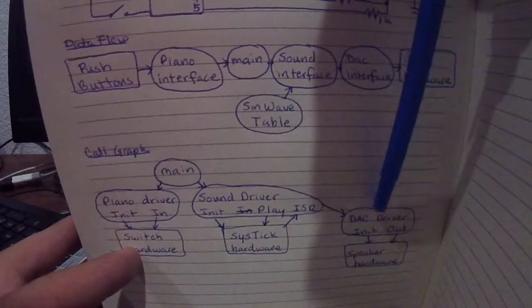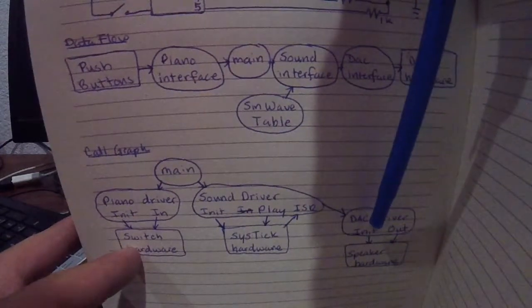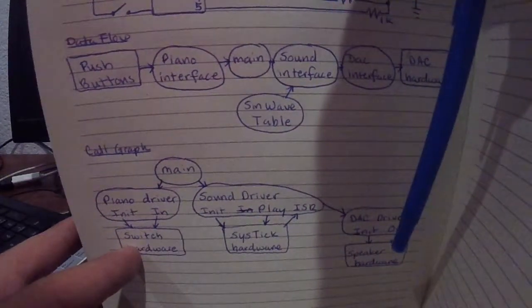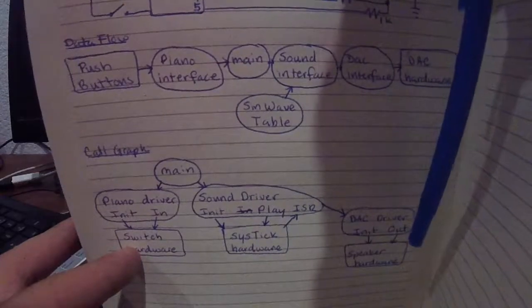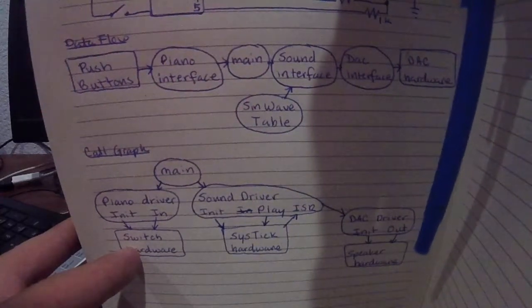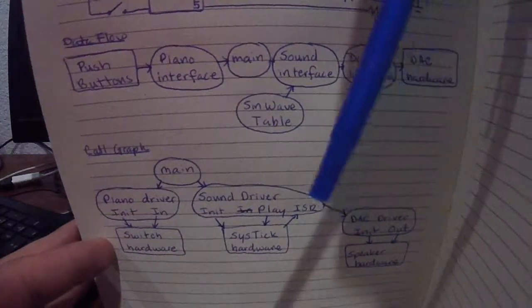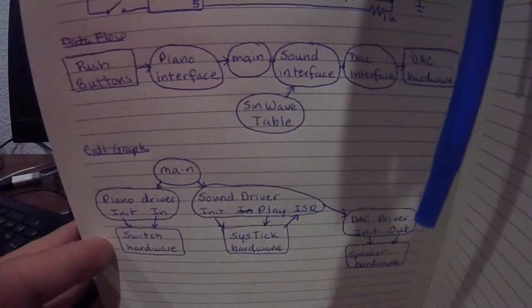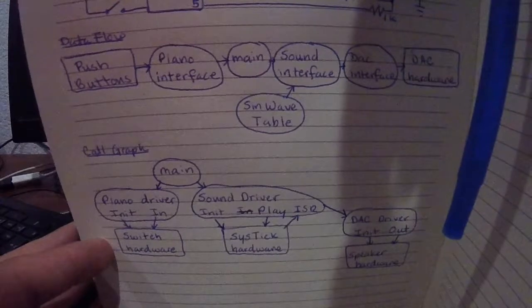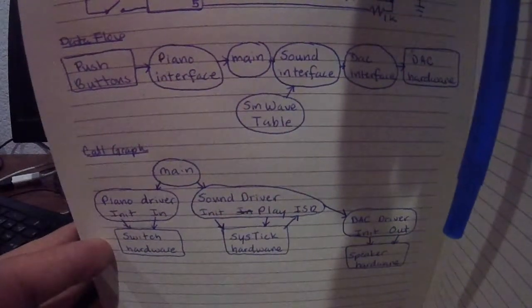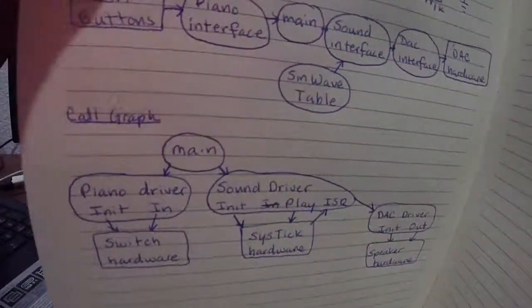And so what the DAC does is also initialize our output pins and send information to the output pins about which pins should be high and which pins should be low. And doing this, it's pretty neat. I'm going to show you the hardware now, and you'll see that we can even make music with this.